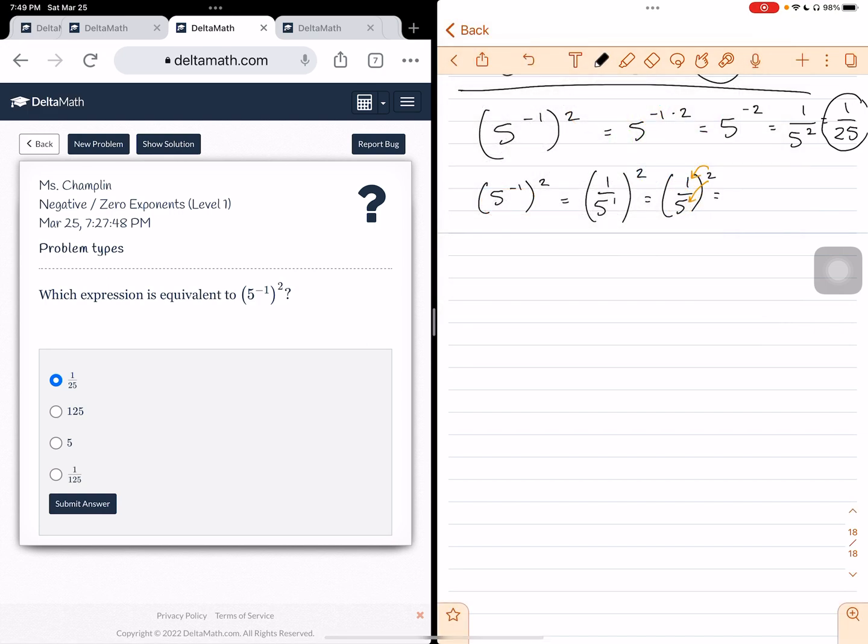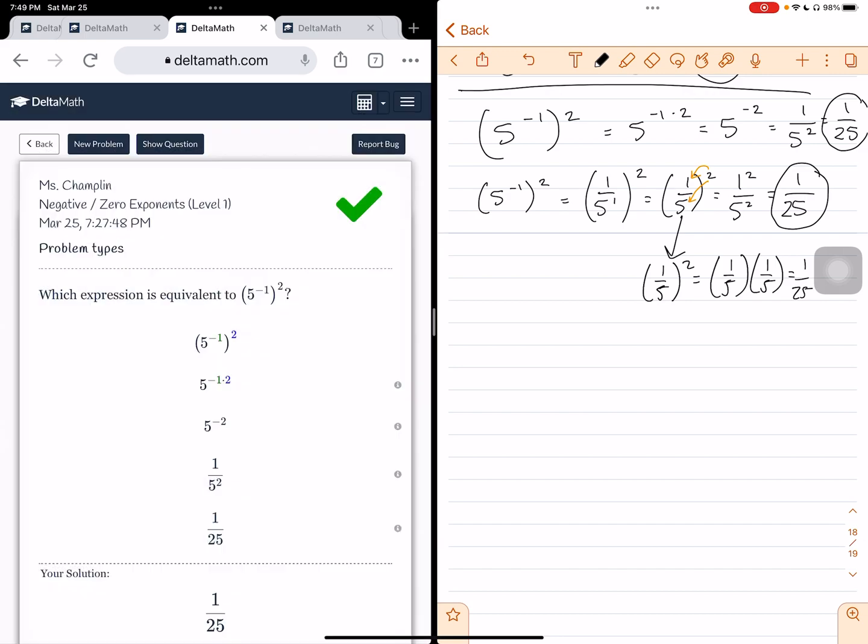So this is going to give us 1 squared over 5 squared. 1 squared is 1, because 1 times 1 is 1. 5 squared is 25, because it's 5 times 5. You could have also, instead of distributing the 2, said 1/5 squared is the same as 1/5 times 1/5, which is 1 over 25 if you just multiply them straight across.